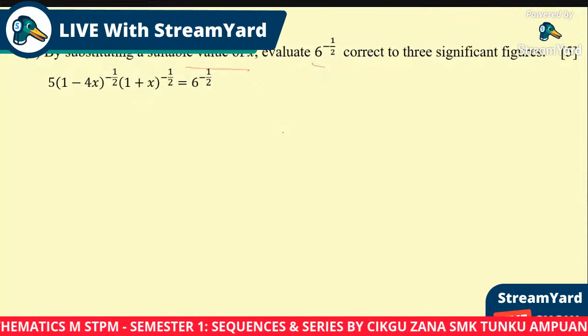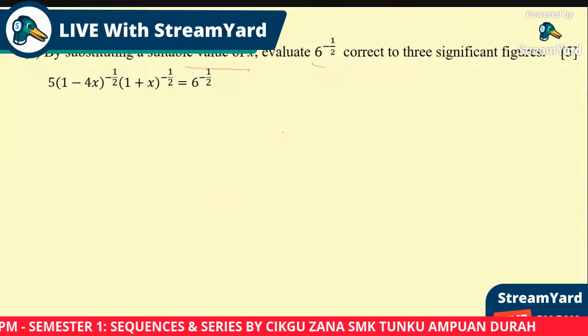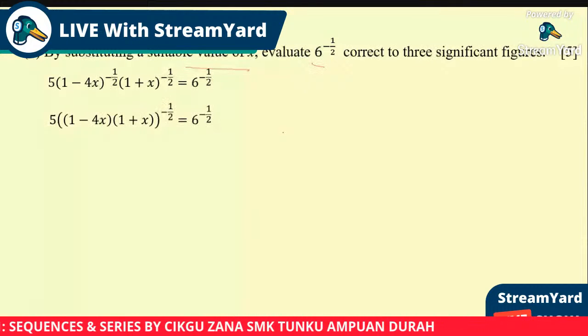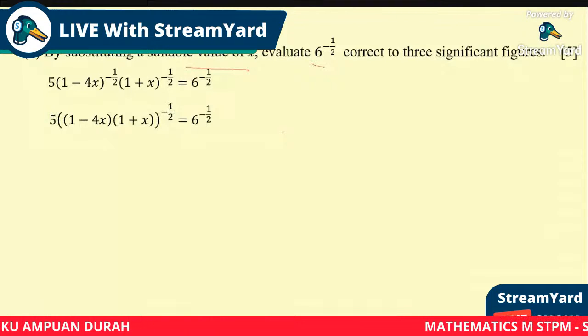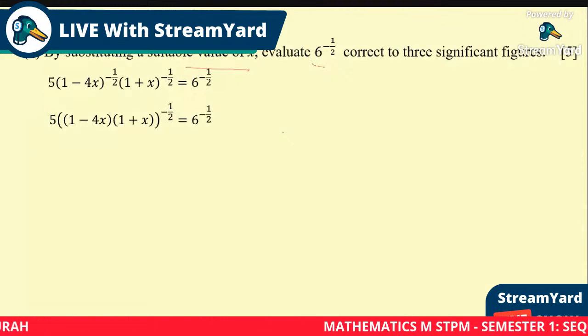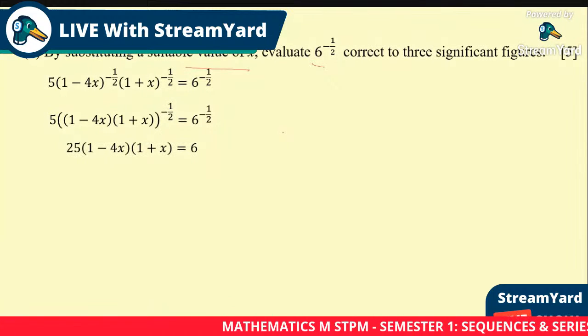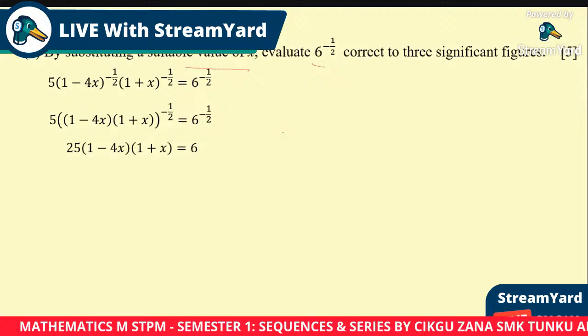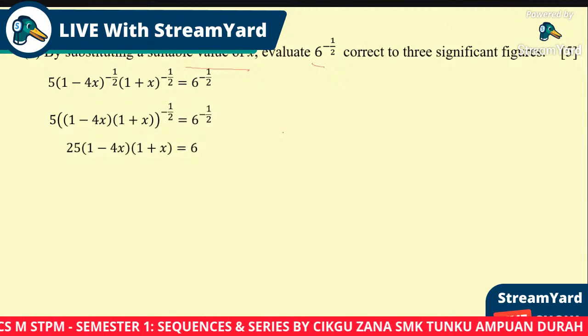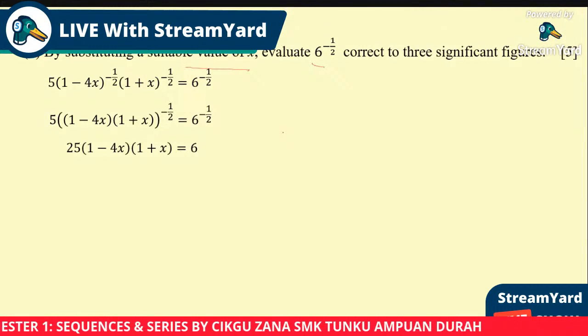Okay, now using the index rule, we can take out the common power, negative half. To get rid of negative half, we square it. Oh, I made a mistake. Square it.